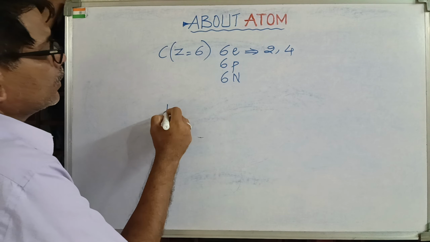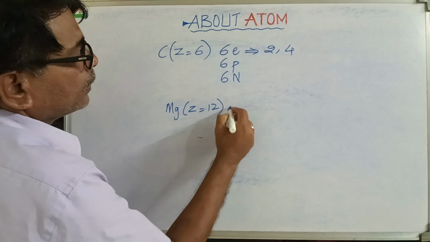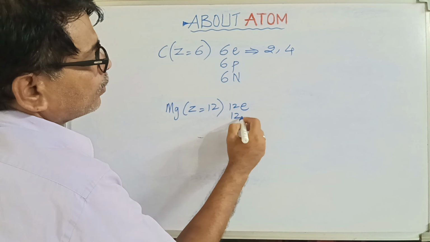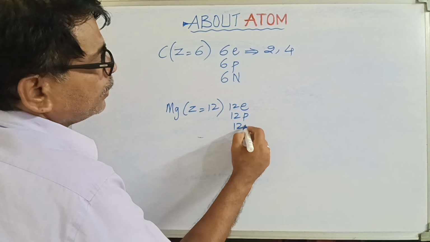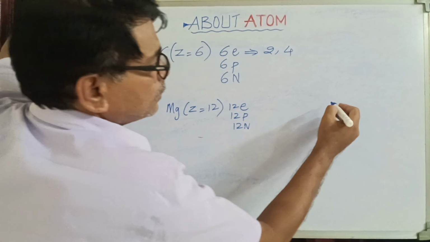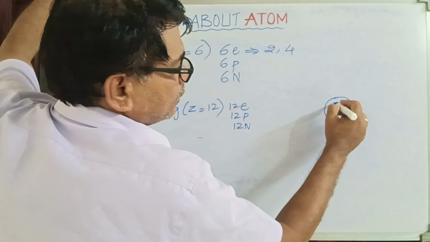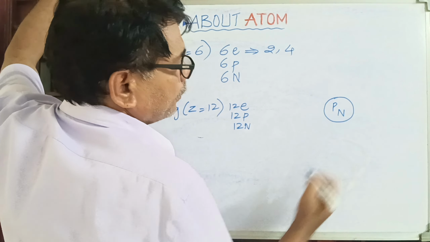Suppose we take the example of magnesium, whose atomic number is 12. It contains 12 electrons, 12 protons and 12 neutrons. You need not worry about protons and neutrons, because this is the structural form of an atom and protons and neutrons are present inside the nucleus.